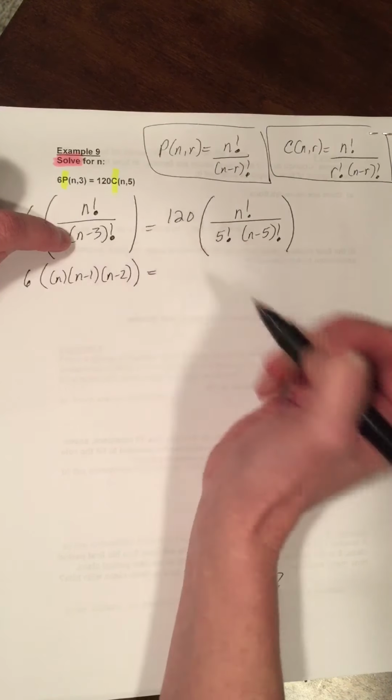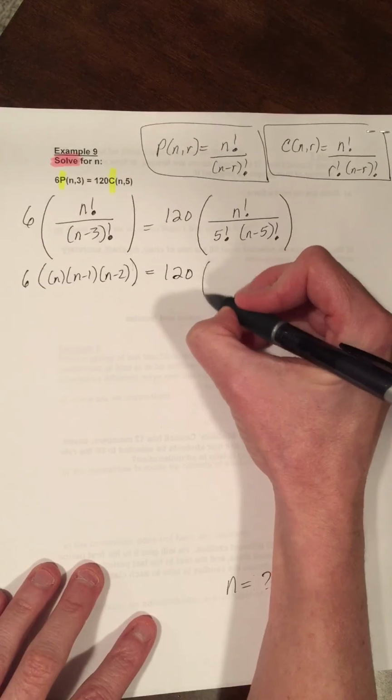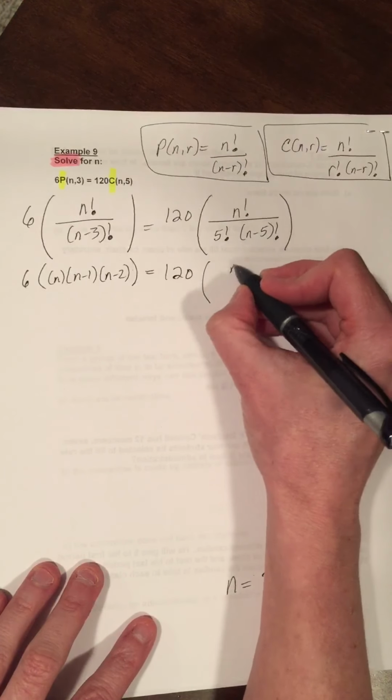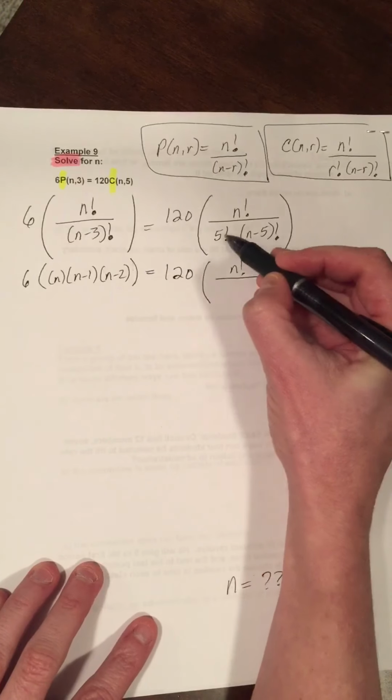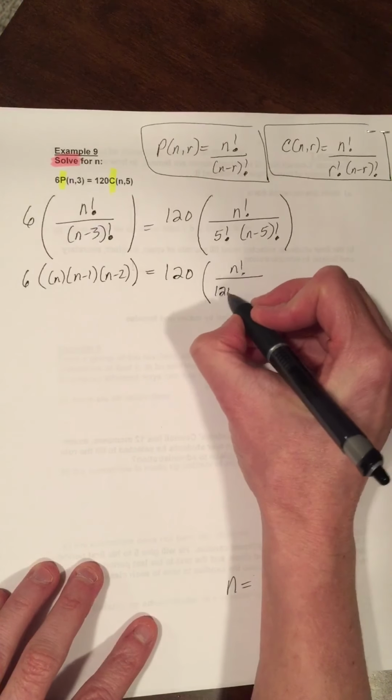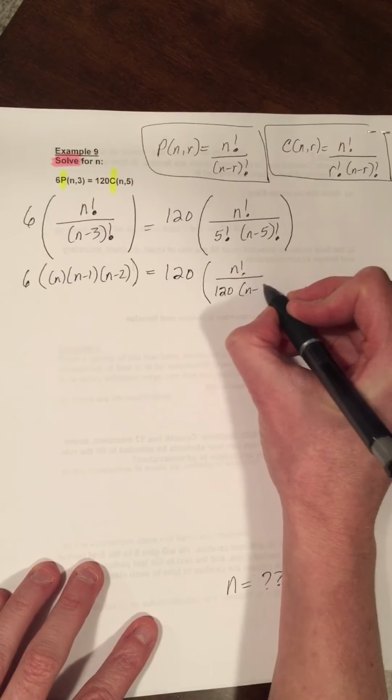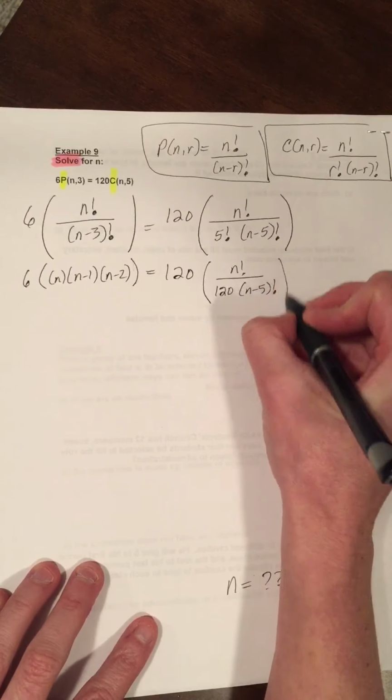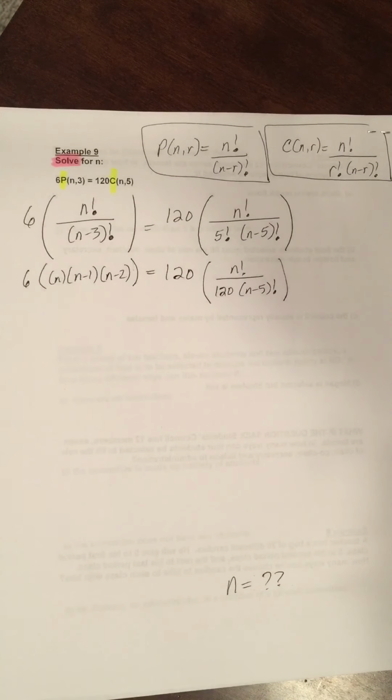Excellent. 120. Now, let's clean this thing up just a little bit. N factorial is as clean as it can be. 5 factorial is 120, and n minus 5 factorial stays at that. So, can I just show you something? Let me get a red pen here.